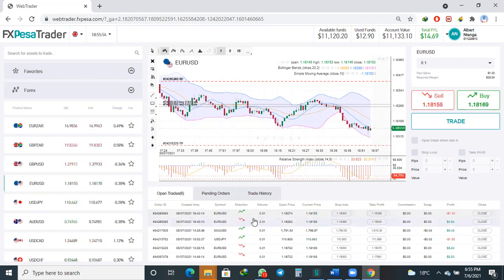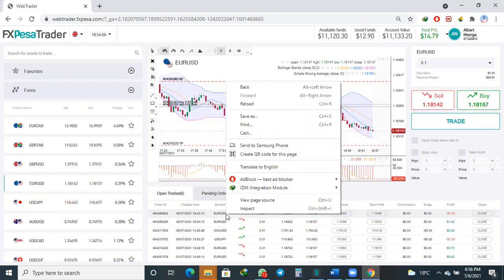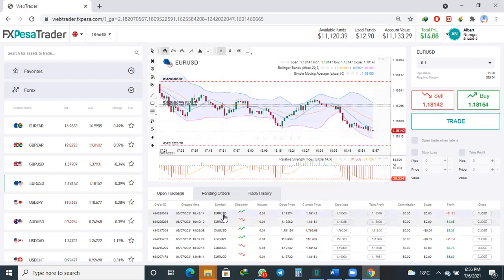In the case of modify, for a mobile app, it's a direct case, but for one using the web, you go to the stop loss level or the take profit level, whichever you want to modify.